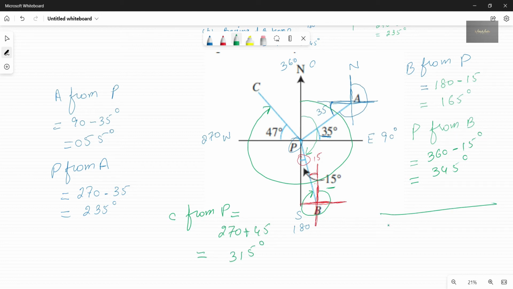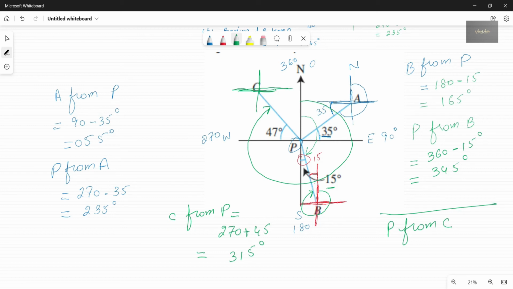And I think you can easily think how we can find the reverse bearing. It is P from C. For P from C again you will draw the bearing axis here. The given angle is with the horizontal line here, it is 47.